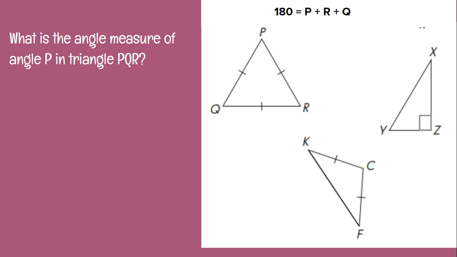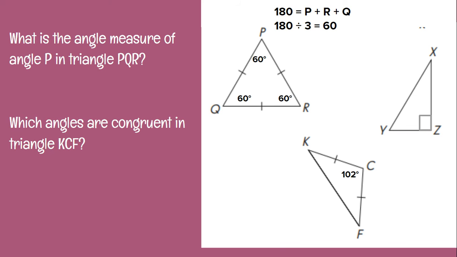So if we know that all of the angles together equal 180 degrees, and since we have three equal groups, we need to divide 180 by 3. And when we do that, that gives us 60 degrees. So each angle in an equilateral triangle equals 60 degrees. No matter how long the sides are, every angle every time in an equilateral triangle is 60 degrees.